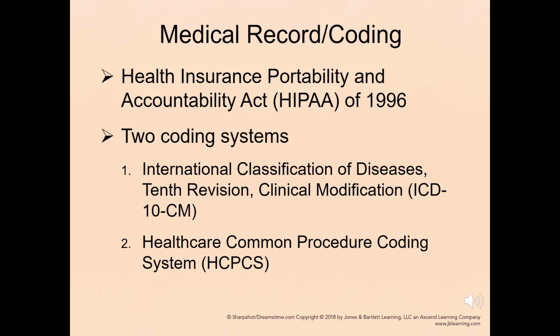Table 2.1 in your book will explain under what circumstances each type of system is used. HCPCS is also where the CPT codes come from, which stands for Current Procedural Terminology.